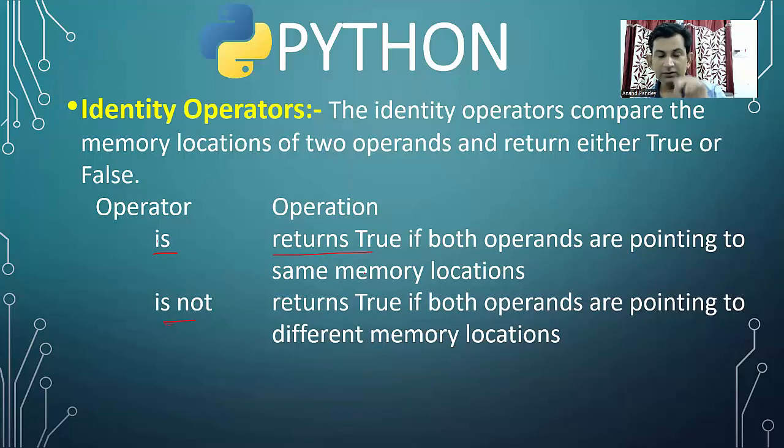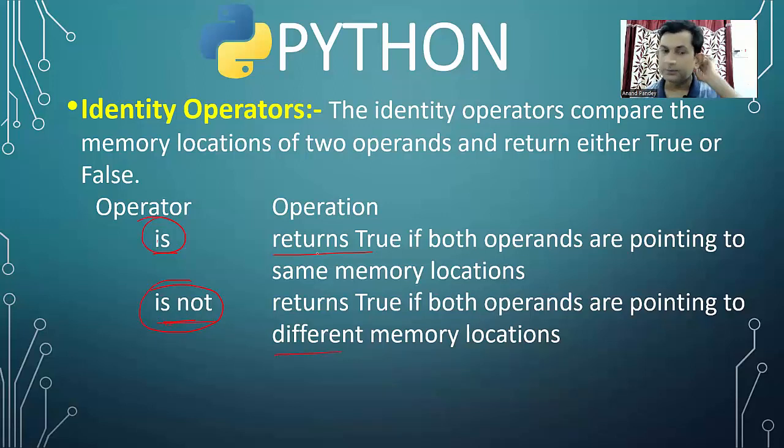Identity operators do not compare the values, they compare the memory locations. If two variables have the same memory location, the is operator will return true. If two operands have different memory locations, the is not operator will return true.